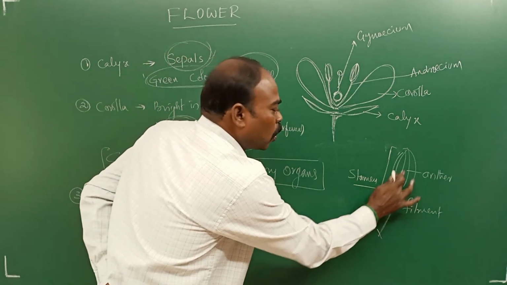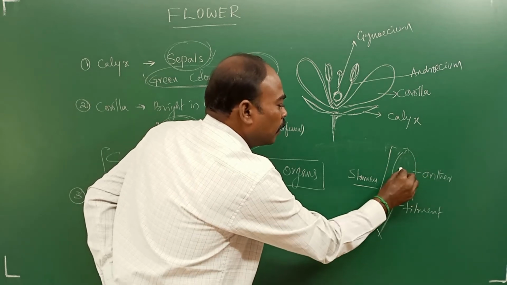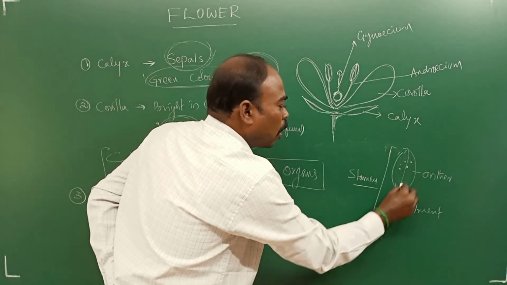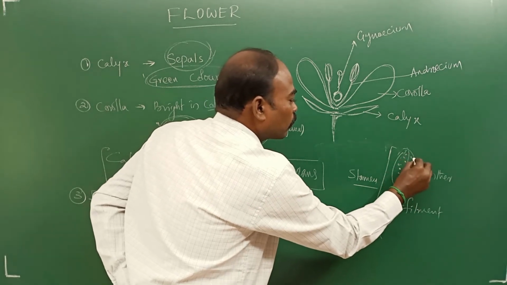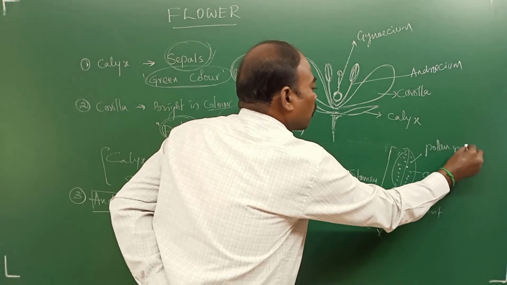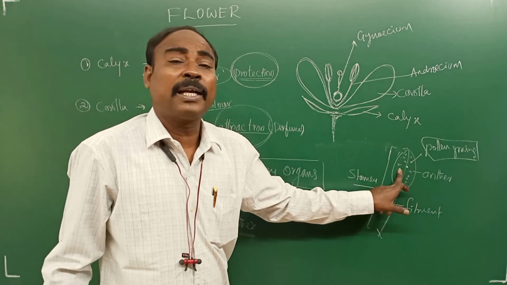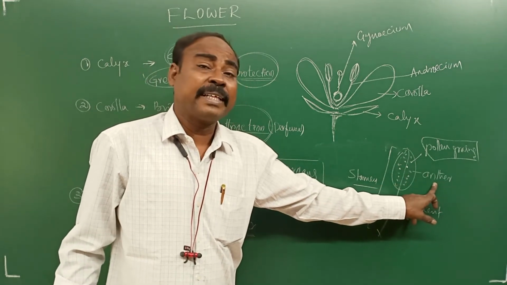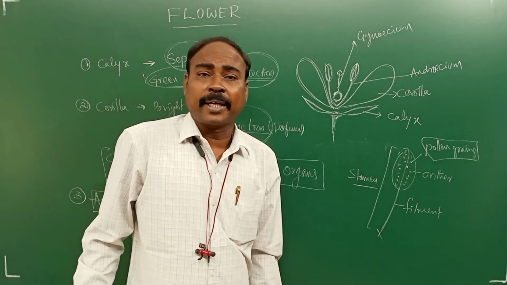Within the anther, the sporogenous tissue develops pollen grains. About the development of pollen grains, structure of anther, dehiscence, these we discussed in the reproduction topic, right?